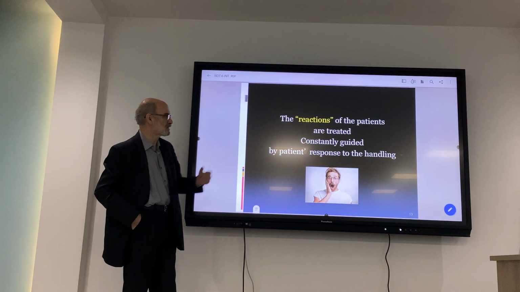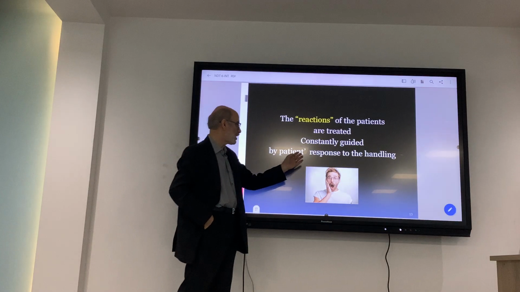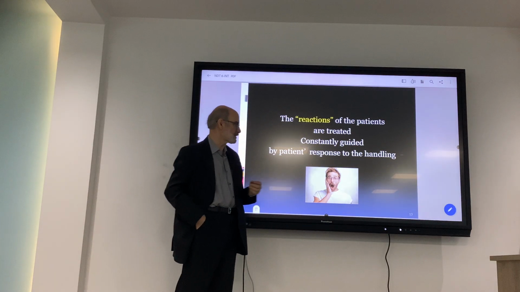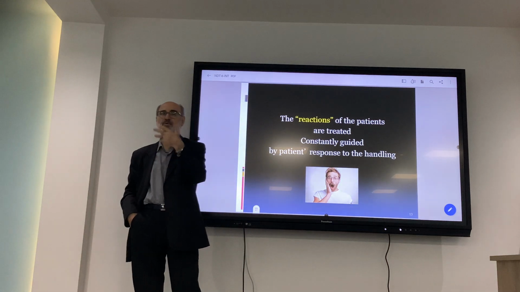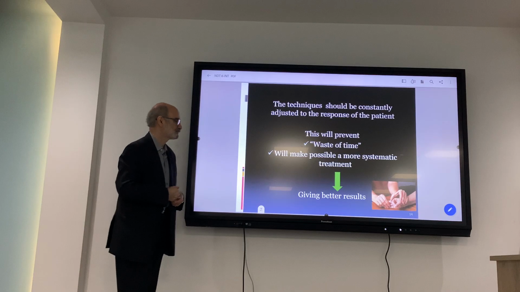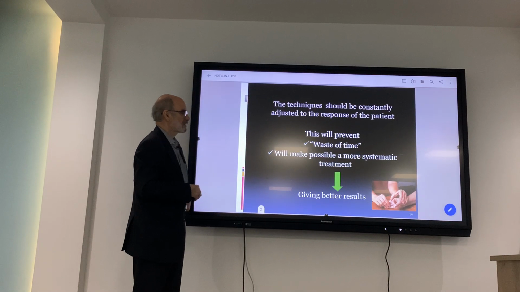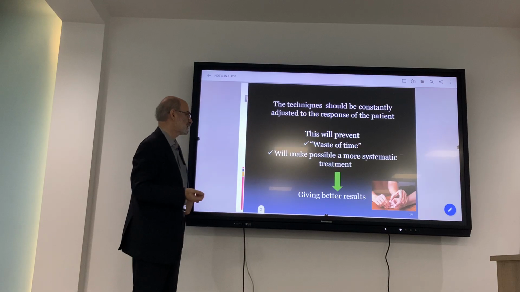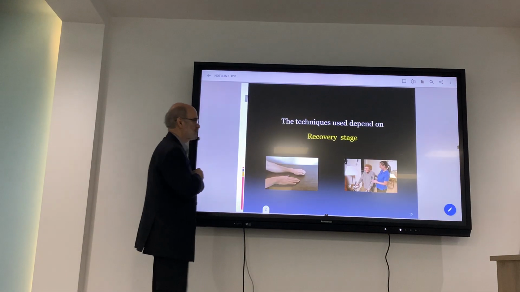Therefore, the treatment is guided constantly by the patient's reactions and their response to the handling provided. In this way, a systematic treatment will be possible to obtain better results.